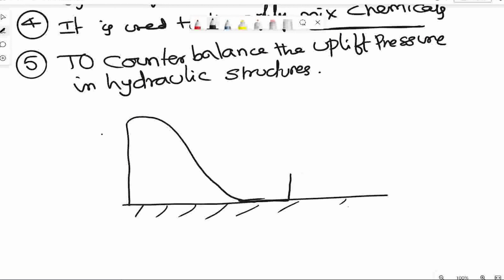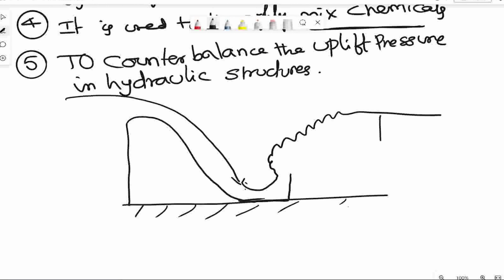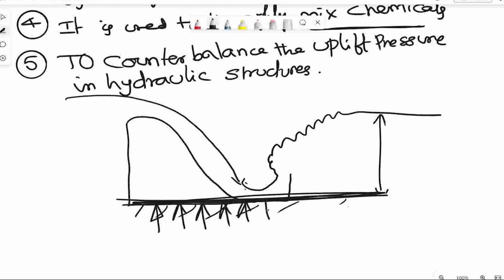When the water falls here and there, this is how it happens. So this is the entire floor of the hydraulic structure. On this floor, water always seeps here, and this pressure applied on the structure by water flowing beneath the structure is called uplift.